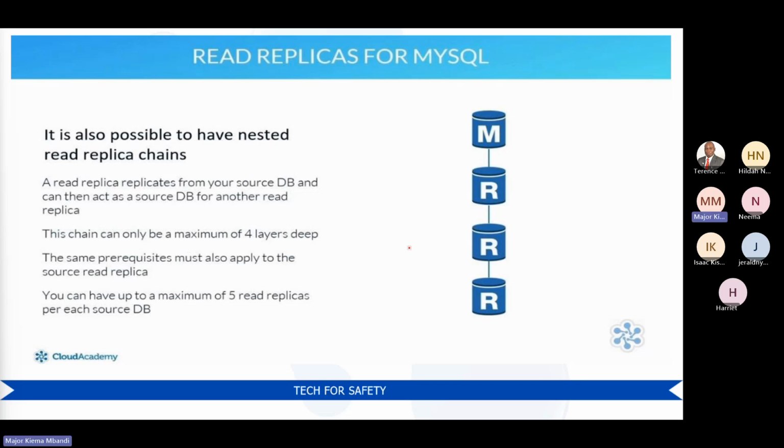So it can be chained to a maximum of 4. This can serve as primary for this DB, and this also can serve as primary for this DB. But you see the levels from the primary: 1, 2, 3, 4. That's why this chain can only be a maximum of 4 layers deep.